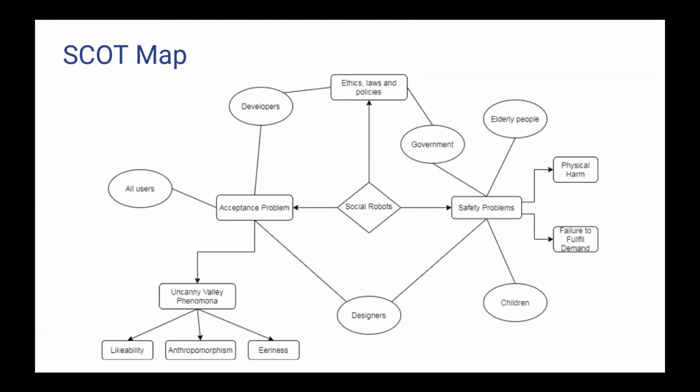With the acceptance, we have the uncanny valley phenomenon, as we explained, with the likability, eeriness, and anthropomorphism. Anthropomorphism is the appearance of the robots.